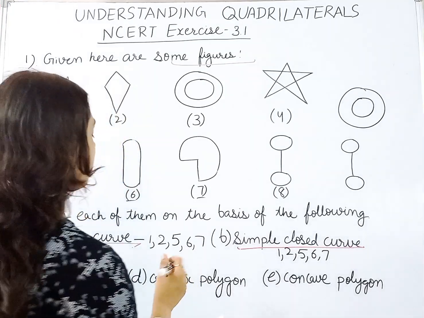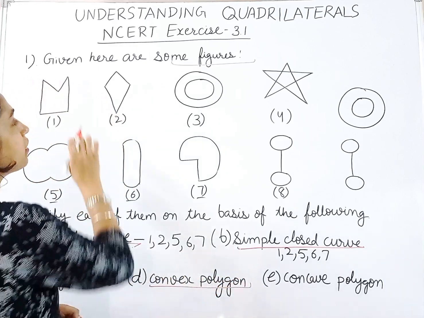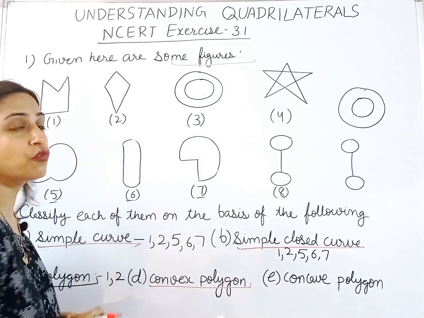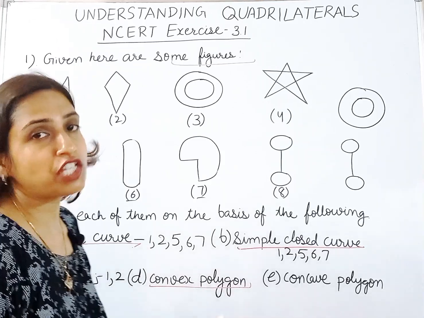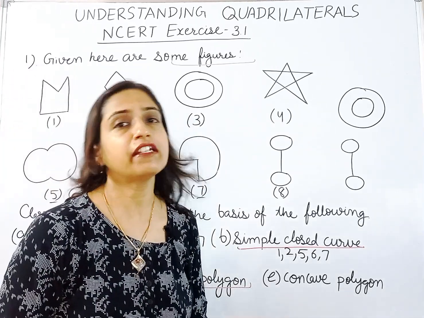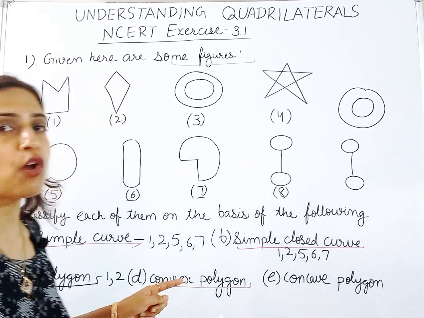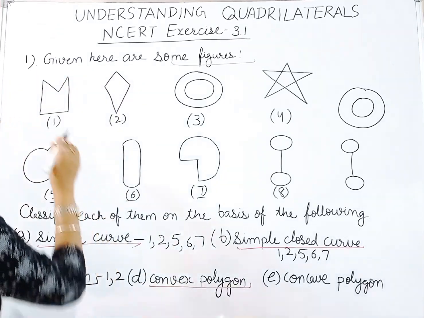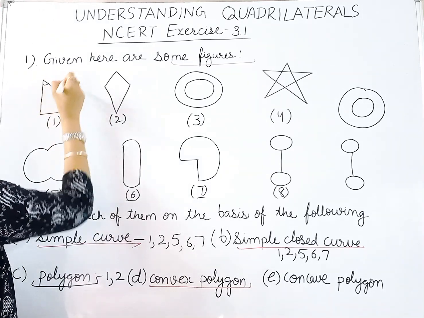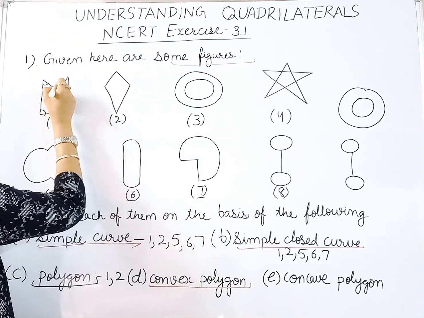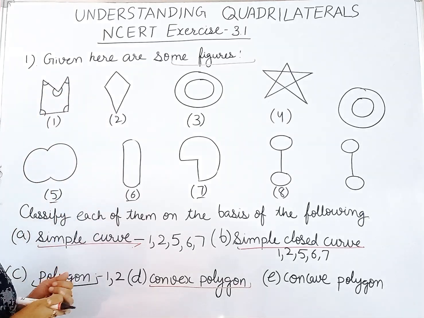And the next is convex polygon. Out of these 2 polygons, number 1 and number 2, which polygon is convex? What is a convex polygon? If all the internal angles of a polygon are less than 180 degrees, that polygon is a convex polygon. In figure number 1, there are 5 internal angles and 4 of them are less than 180 degrees.